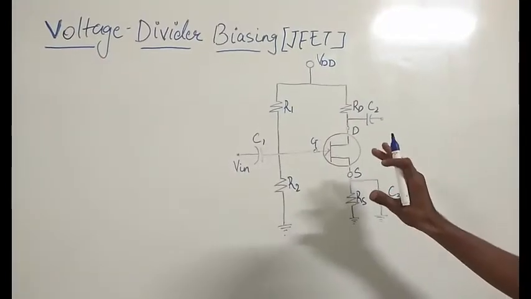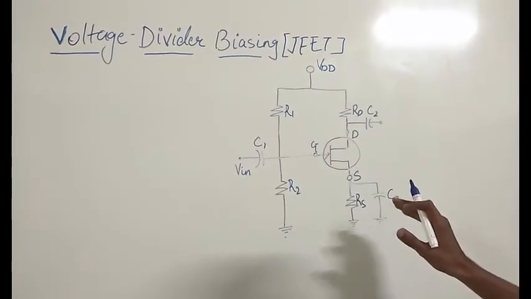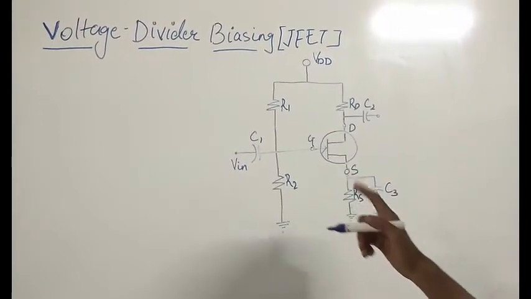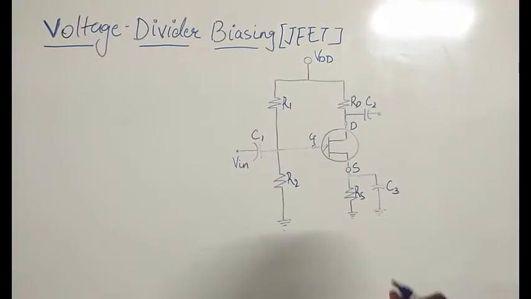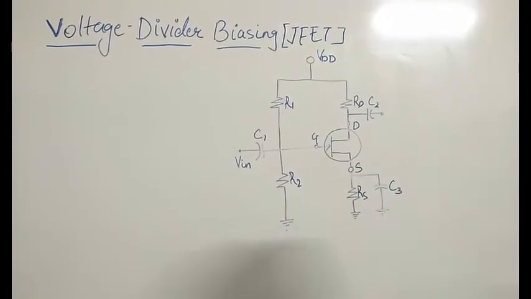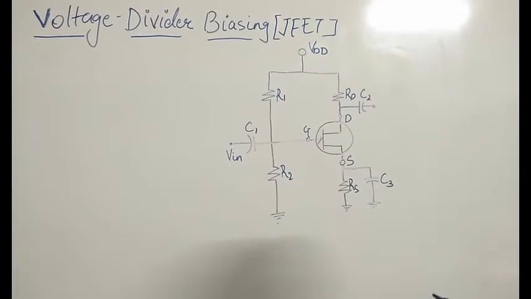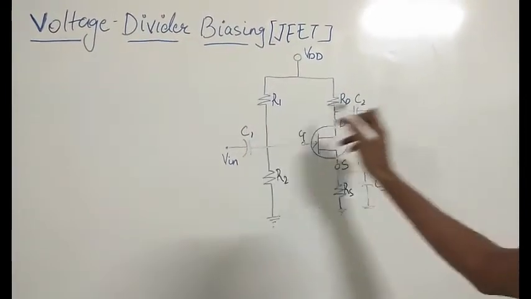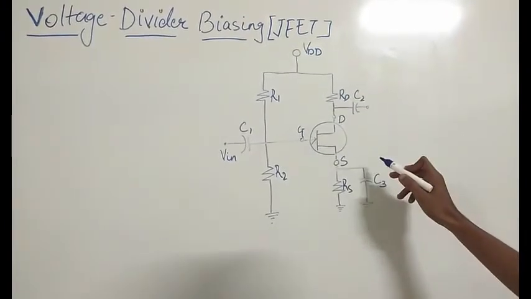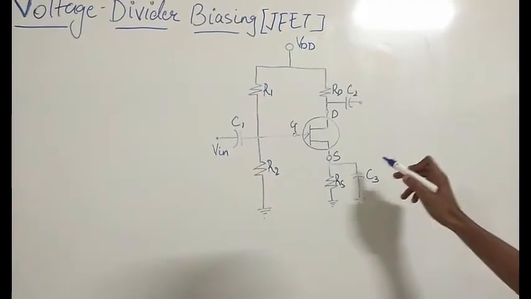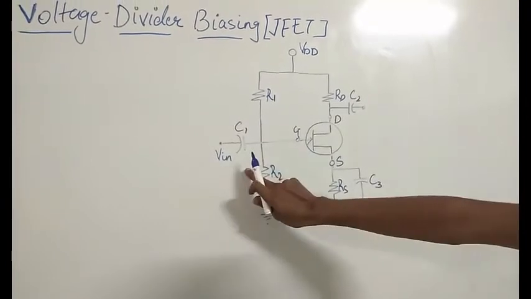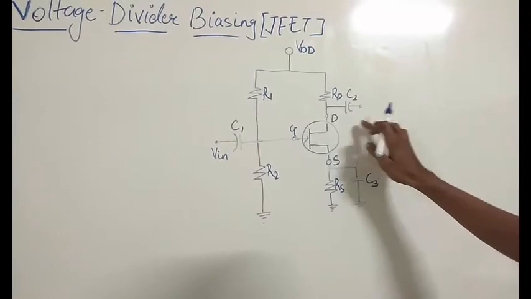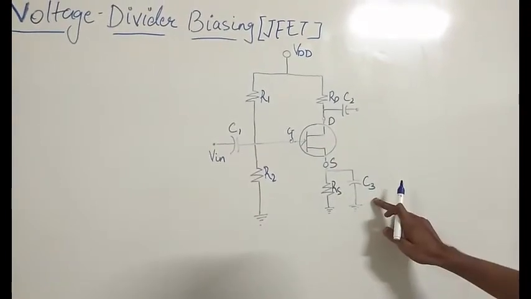The DC analysis will be different. So now let's perform the DC analysis for this circuit. Now we need to make some changes in the circuit. As you can see, there are three capacitors C1, C2 and C3. Here C1 and C2 are coupling capacitors and C3 is the bypass capacitor.